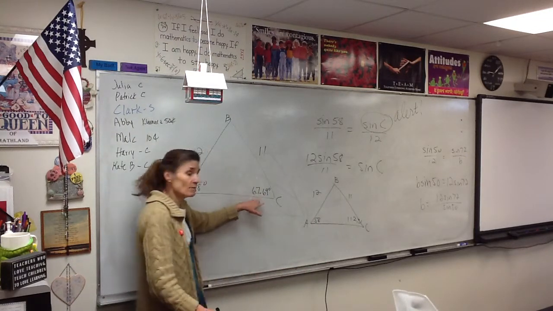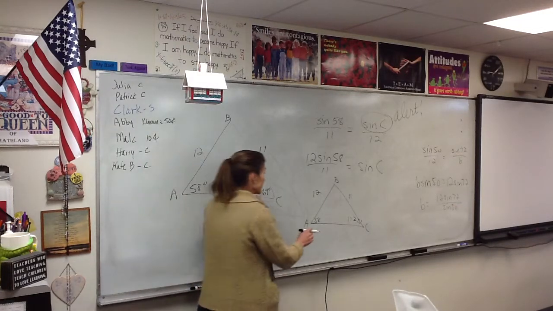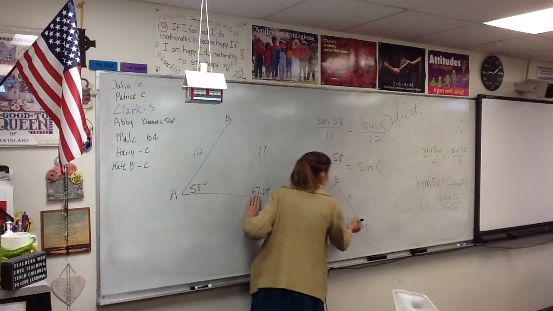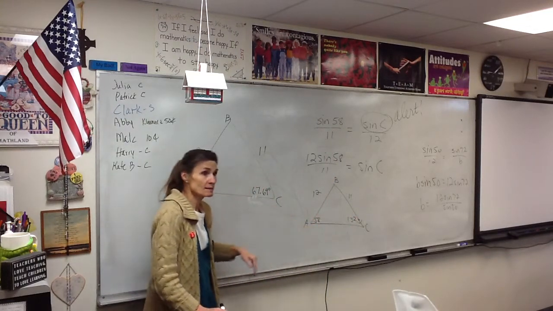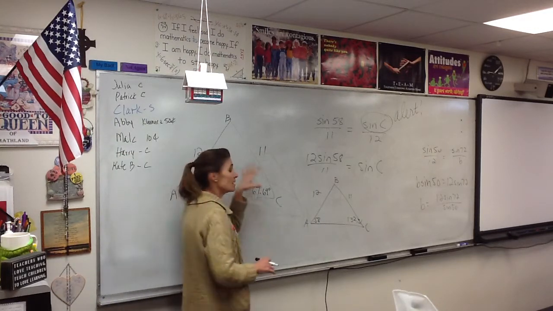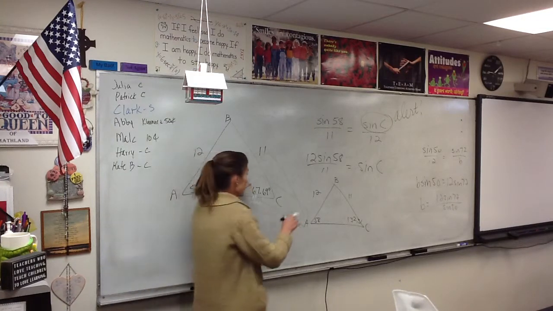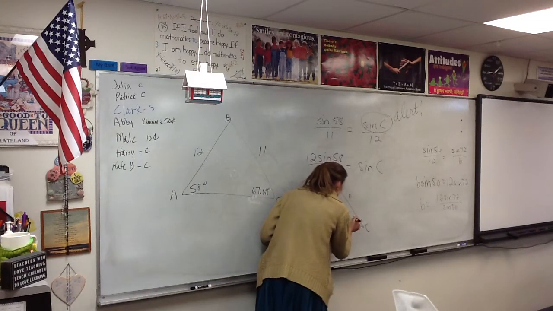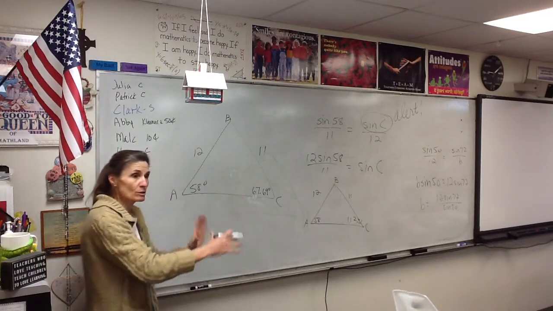Now, if I would have gotten a different number here, and my supplement worked out to be 132, would that triangle be possible? No. So in that situation, only the original would be acceptable. In our situation, we have two different triangles possible.